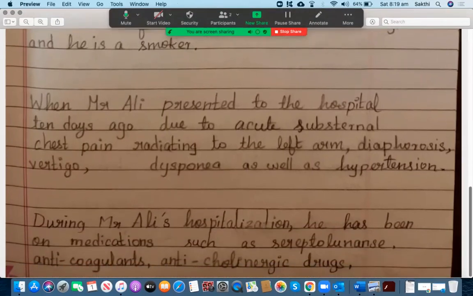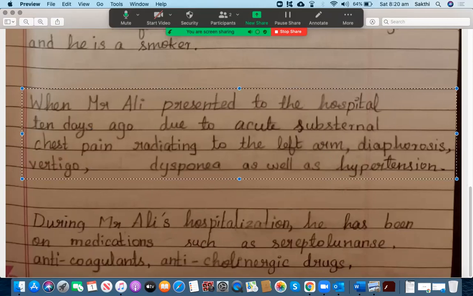When Mr. Ali presented to the hospital 10 days ago due to acute substernal chest pain radiating to the left arm, that's good. And she placed a comma. I'm very happy with that. Dyspnea as well. Okay, so unfortunately, this sentence is incomplete.